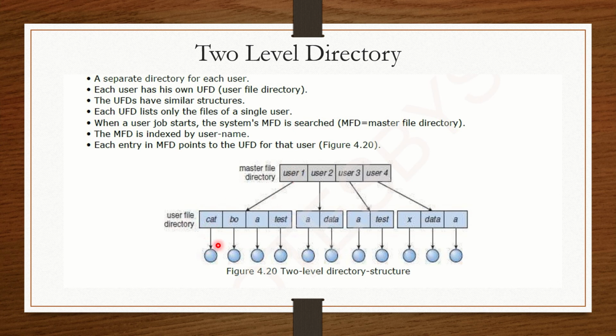Inside that, the corresponding files are stored. Each entry in the MFD points to the UFD for that particular user. So the MFD points to the UFD of the corresponding user, and inside that user's directory its files are stored. This is the structure of the two level directory.